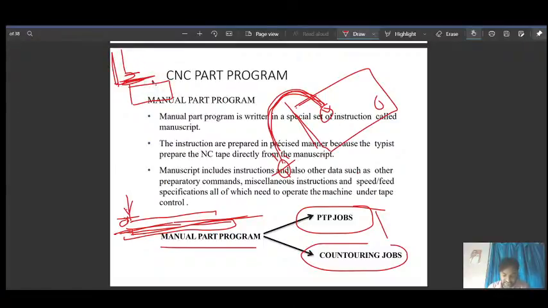Once a gap is maintained, then the tool can move anywhere above the workpiece. So the tool retracts and then it quickly moves to the targeted point, and then it goes down to get ready for the next operation.